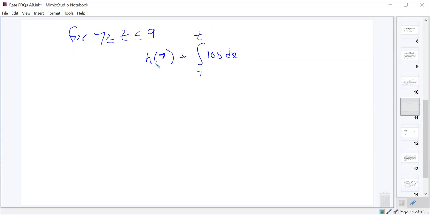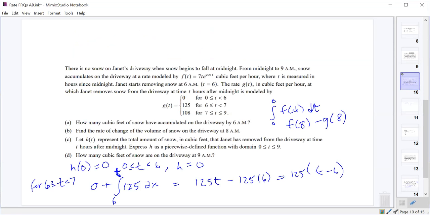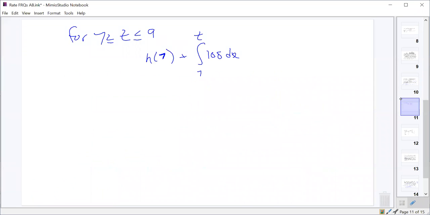And so h of 7, the amount that was removed all the way up until 7, if we plug in a value here, that should just be 125, right? That's what h of 7 should be, 125 times 7 minus 6. So this should be 125 plus, on it, we'll integrate this.